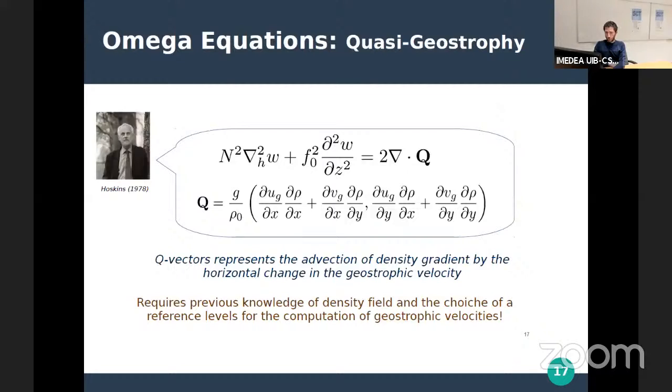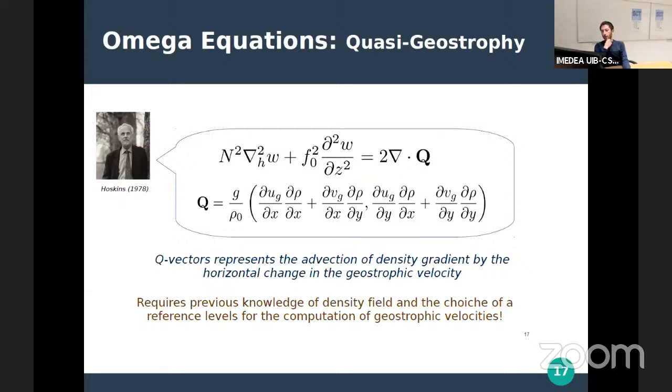Okay, so once we have the reconstruction of the hydrography, we still need to know the vertical velocity, and to obtain the vertical velocity, we rely on a pretty well-known omega equation. One was developed by Hoskins in 1978, and it relies on the quasi-geostrophy approach, which approximates the Navier-Stokes equation.